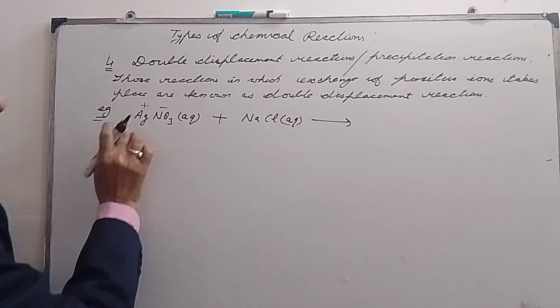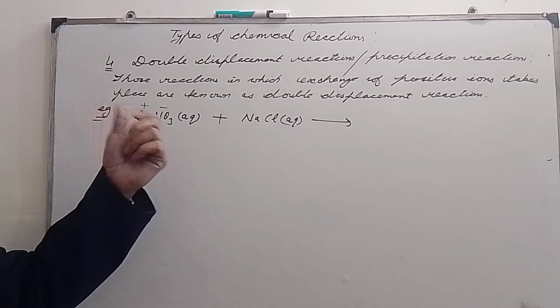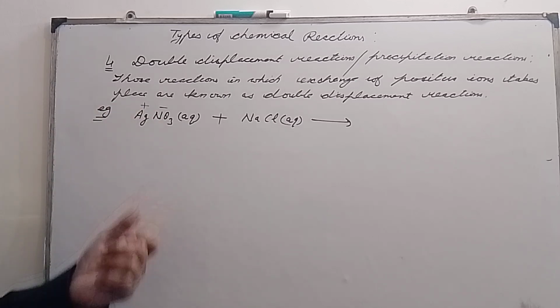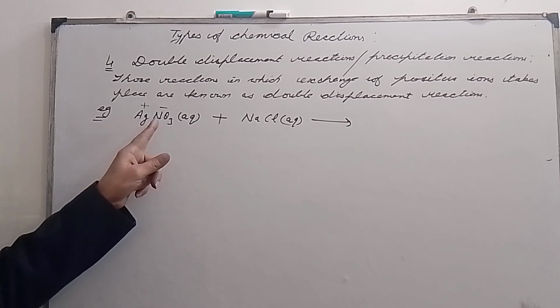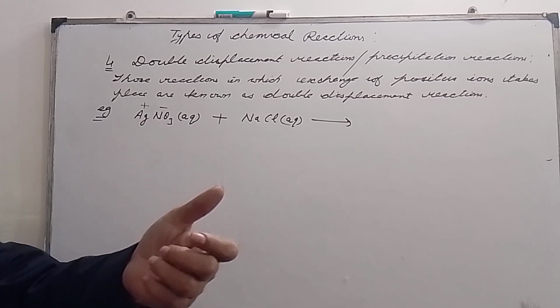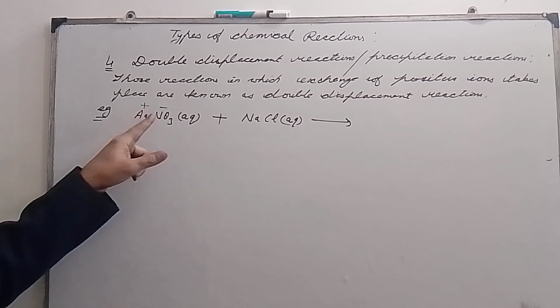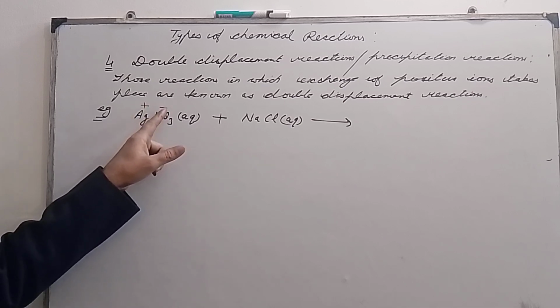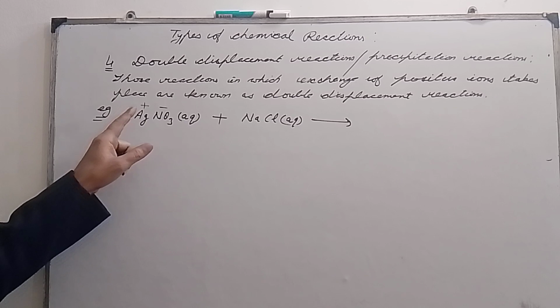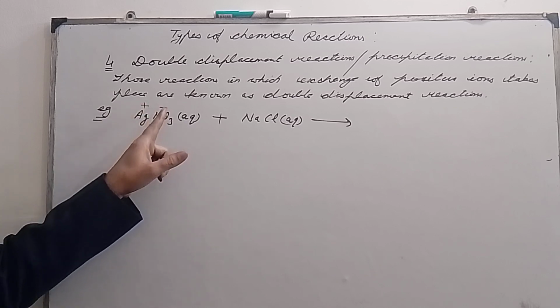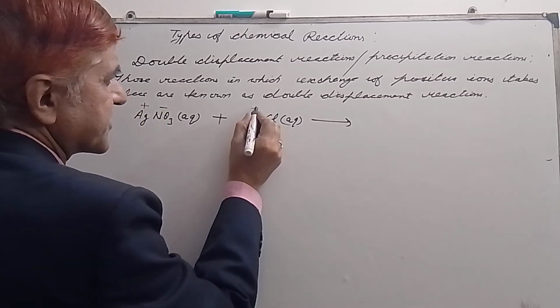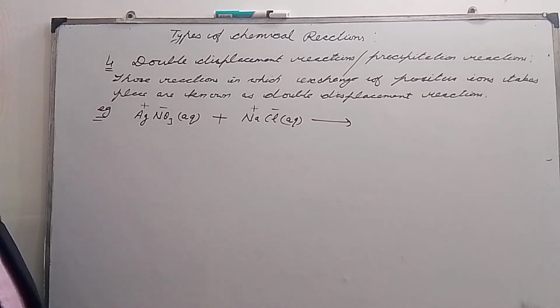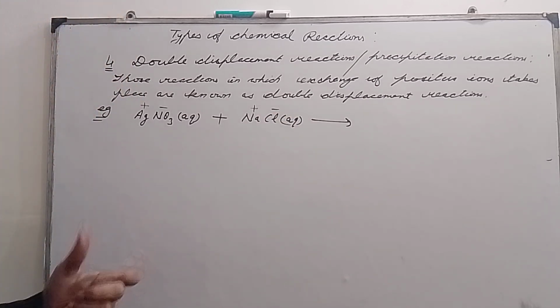Silver is a metal, and metals give up electrons, that is the definition of metals, and non-metals are those which take up electrons. So positive charge on metal, negative charge on non-metals. Now in this reaction what will happen?